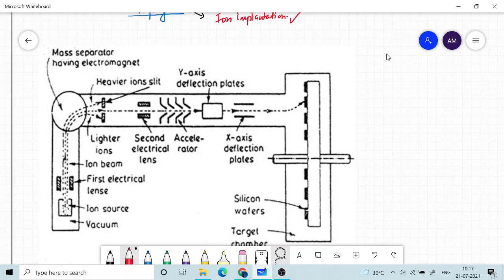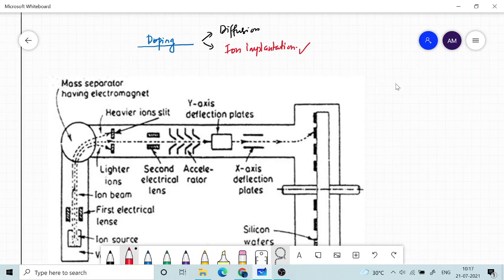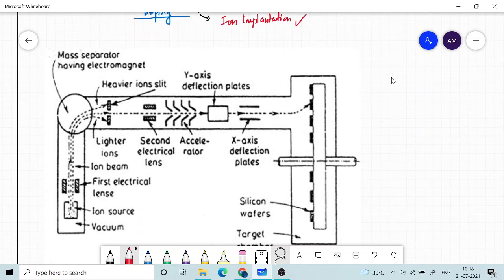Also, metal particles will evaporate if exposed to high temperature. So we don't raise the temperature beyond some limit. Of course, there are certain processes where we need to raise the temperature, but very high temperature processes have to be avoided. Diffusion requires keeping the material at a very high temperature, so that is why it is not common, and ion implantation is what is common.